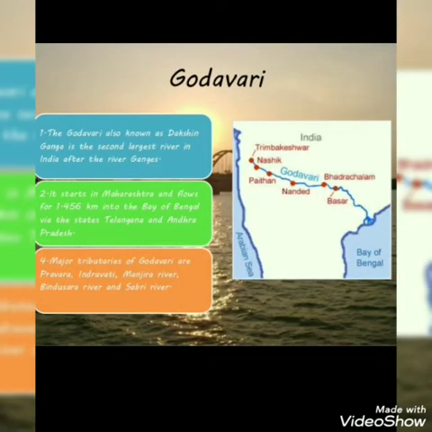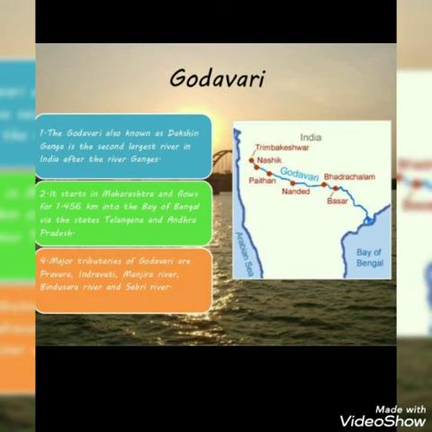Now we will talk about another Indian peninsular river, Godavari, which is very familiar to our Telangana people as well as Andhra Pradesh. It is also called Dakshin Ganga and it is the second largest river in India after the Ganga.